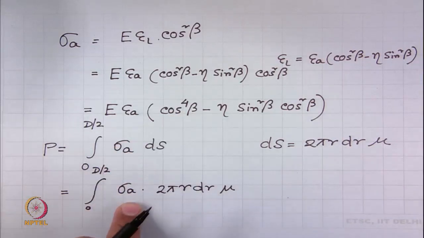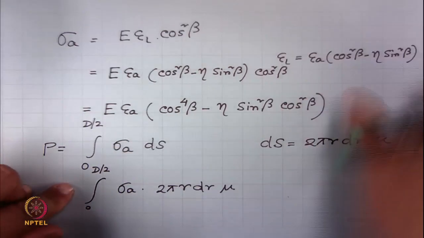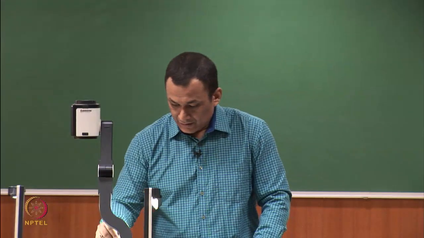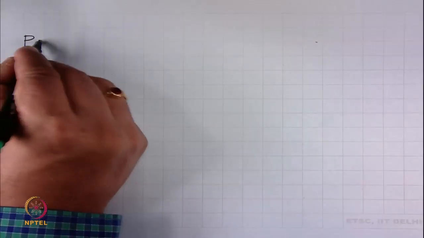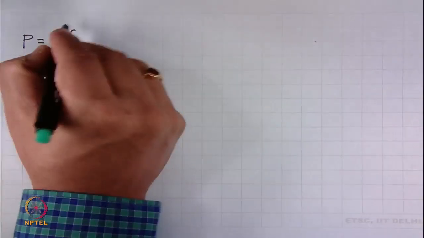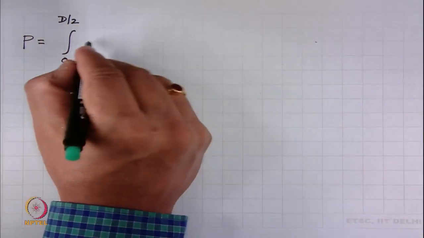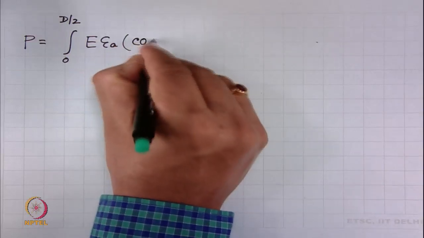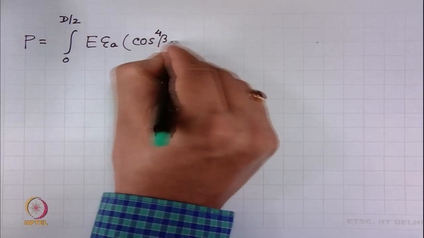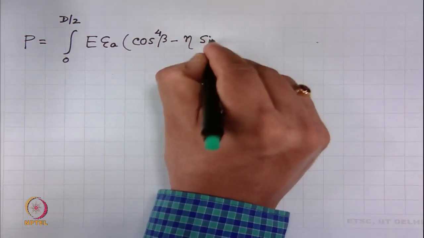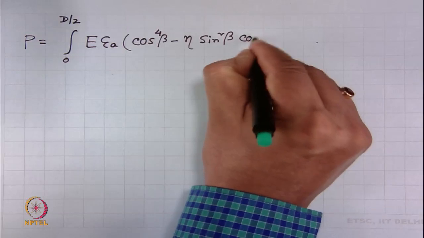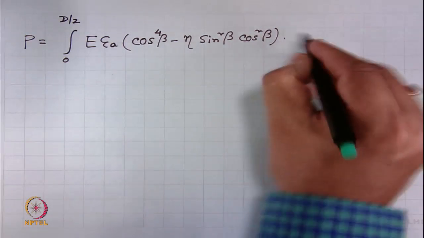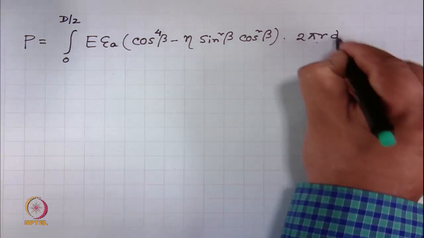If we substitute sigma A here, then we will get a relatively long expression. So, P is equal to the integral from 0 to d by 2 of E into epsilon A, cos to the power 4 beta minus eta sin square beta cos square beta, into 2 pi r dr times mu.